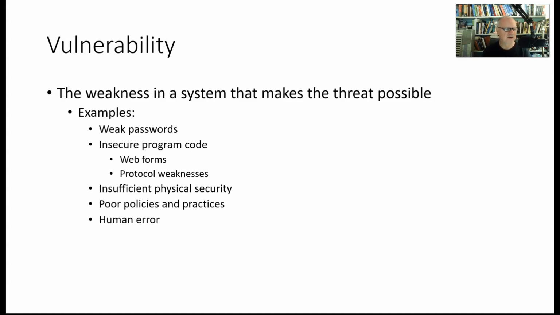The original DNS system didn't really have security built into it. Insufficient physical security, not putting locks on your doors, for example. Poor policies and practices. Human error, of course, is one big weakness that we have to look out for so that we can shore up our systems and not allow a human error to make it foolproof.